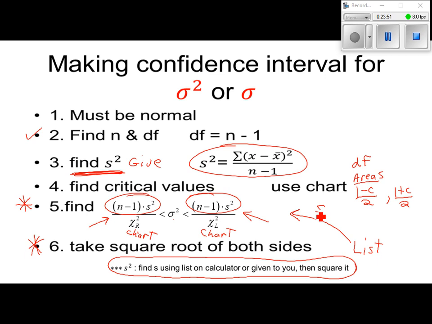So if they don't give you S, then you're going to have to punch the list of numbers they give you into your calculator and do the one variable stuff that we did at the start of the year to find the mean, standard deviation, all that stuff. And then you use that S to put in here.